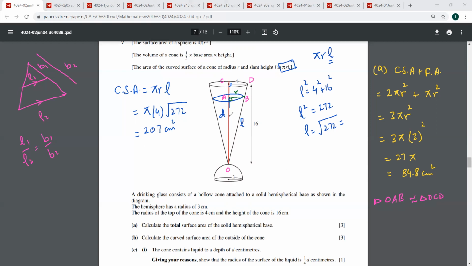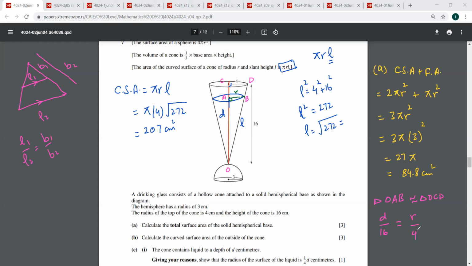So the side OA over the side OC can I write as d over 16? Because we have kept this OA as d and the whole OC is given as 16. And that is equal to the side AB over the side CD, which is r over 4.